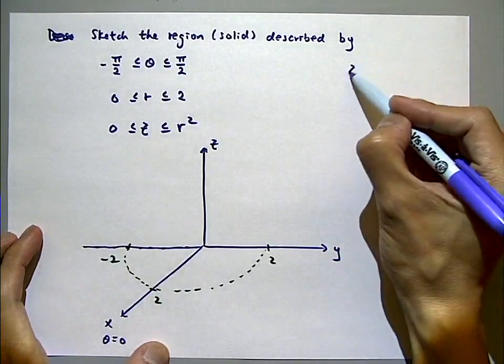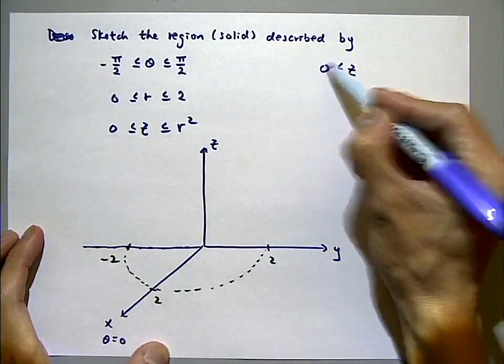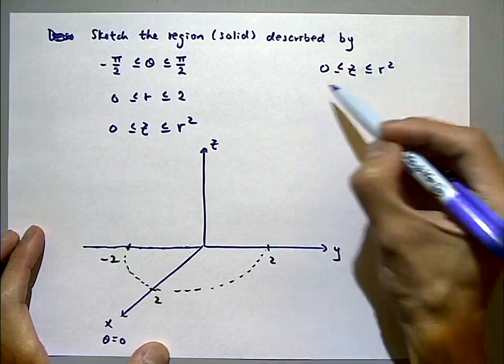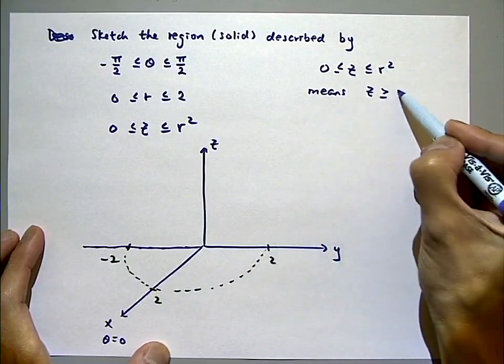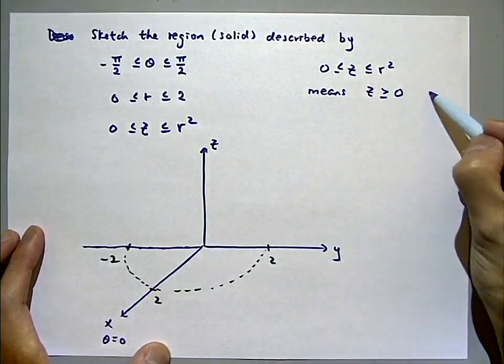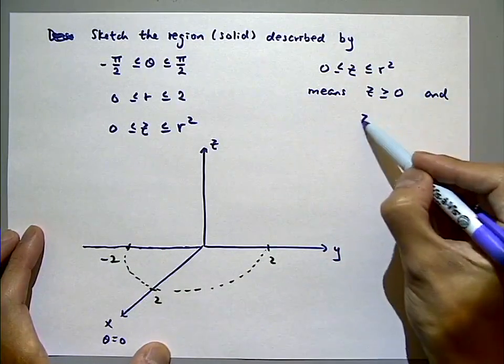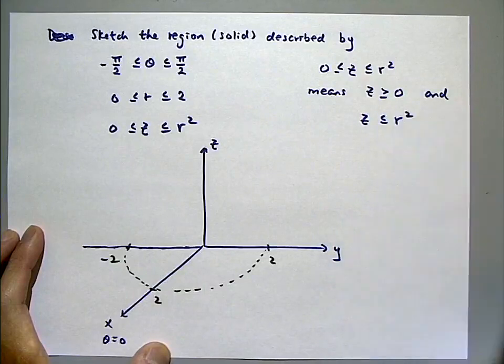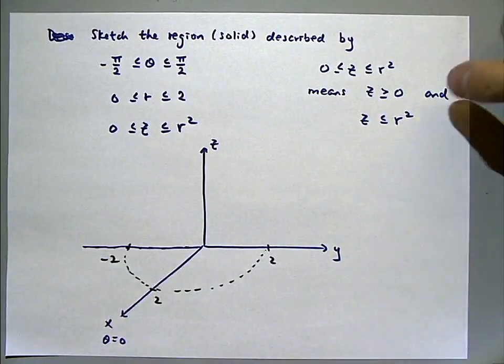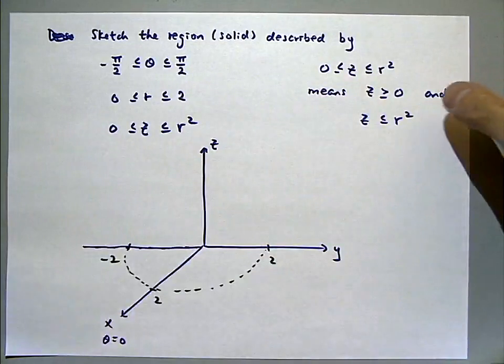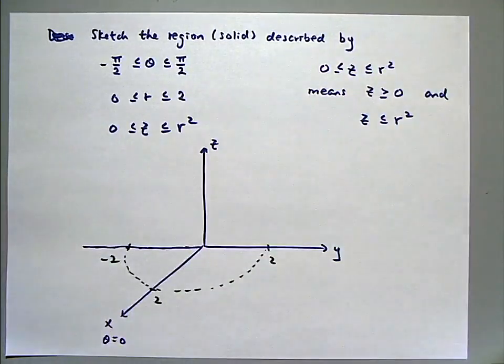Now let's look at the z equation. So obviously, z is between 0 and r squared, which means z is greater than 0, so this is above the x and y plane. Easy. Now we're going to figure out what this shape is.